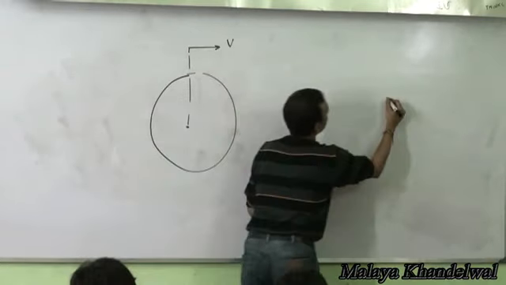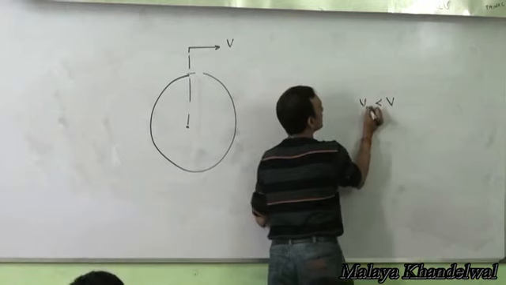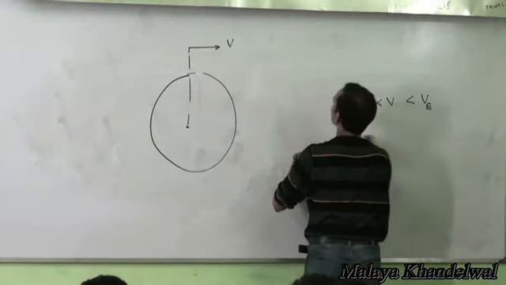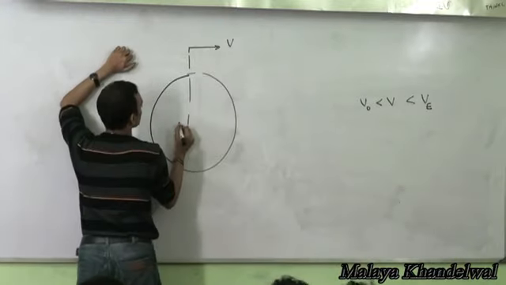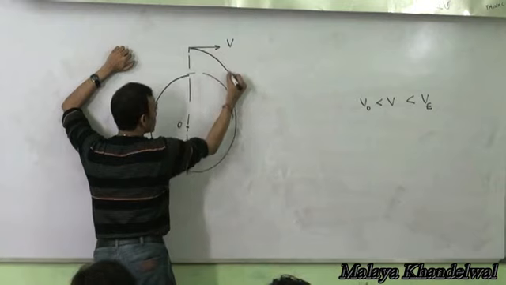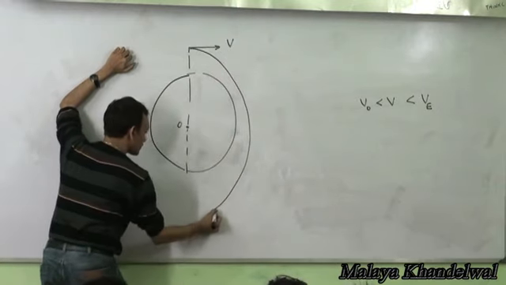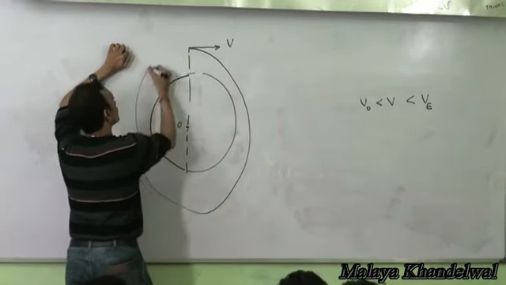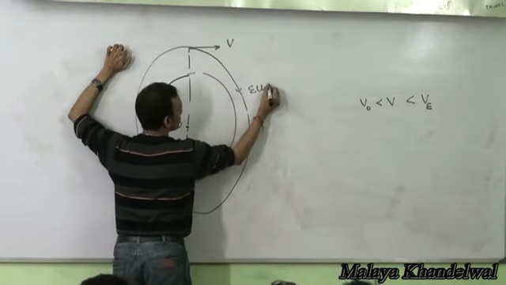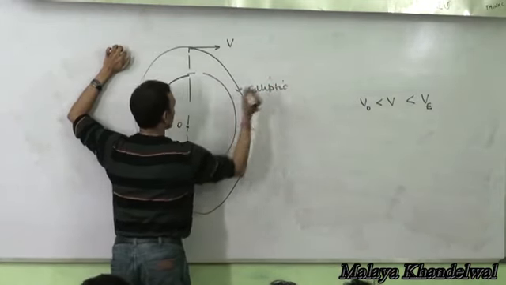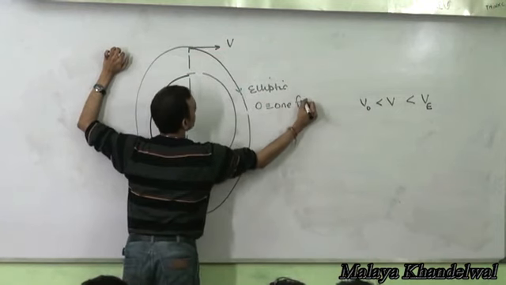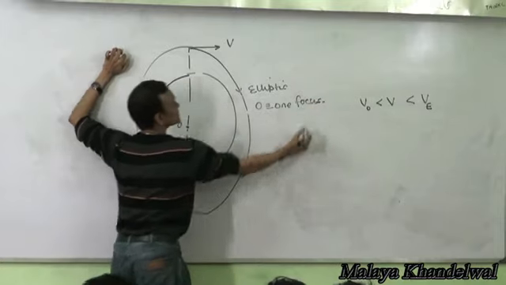If I imparted a velocity V which is greater than the orbital speed but less than the escape velocity, then it takes up an elliptic trajectory with O as one of the foci, the center of the earth as one focus.